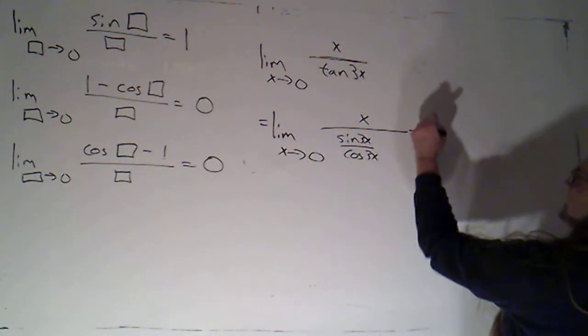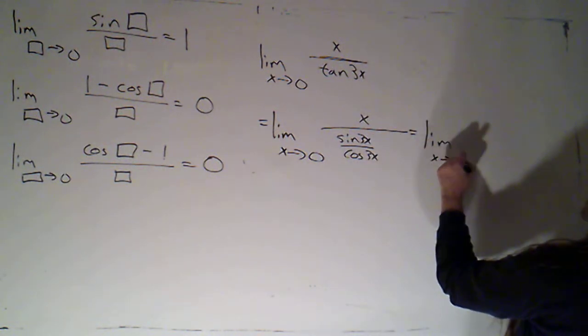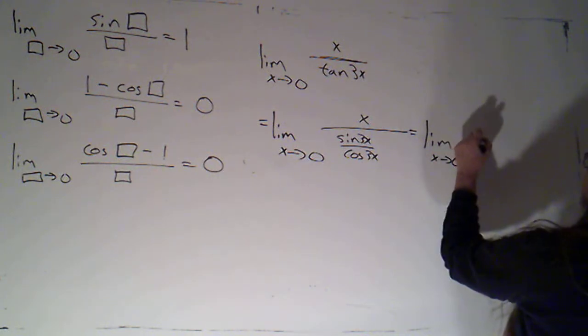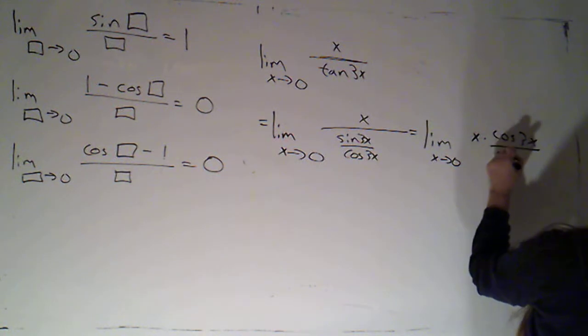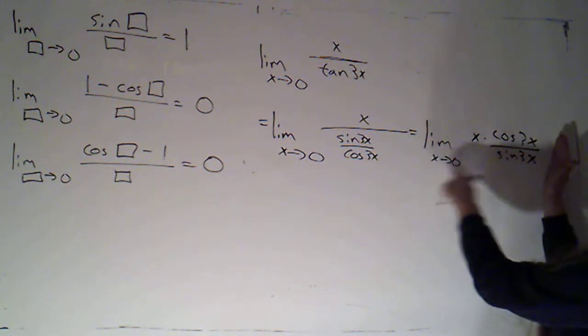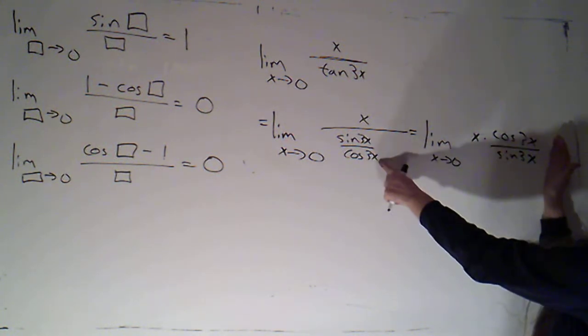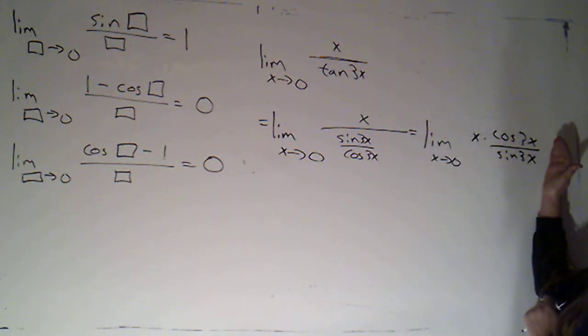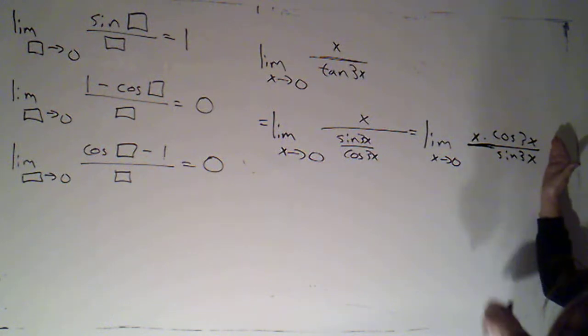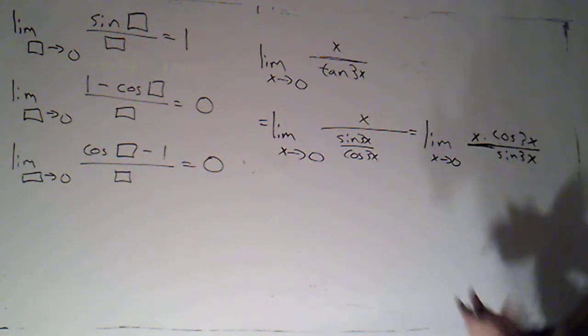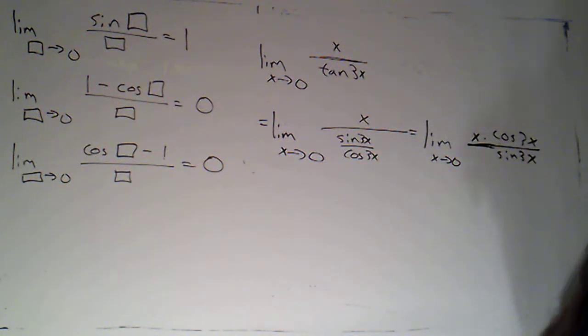And now I'm just going to say that's the limit as x goes to 0 of x times cosine 3x over sine 3x, because the way I would divide by a fraction is to multiply by the reciprocal. And of course, I can just keep that x on top. So on top I've got x, cosine 3x, and on bottom I've got sine 3x.